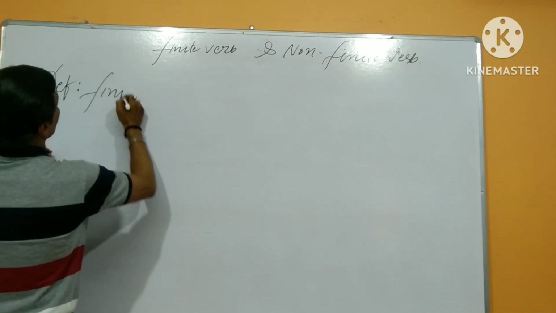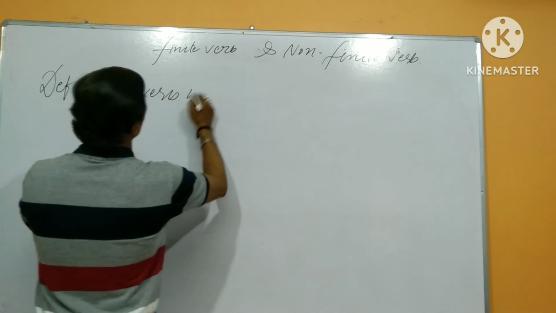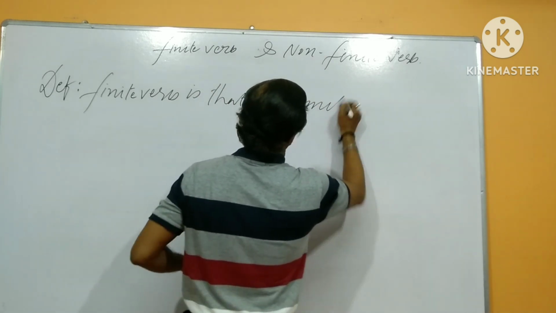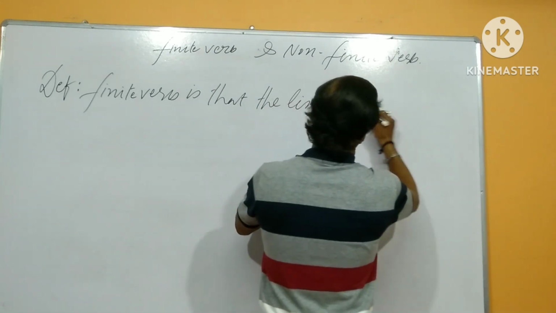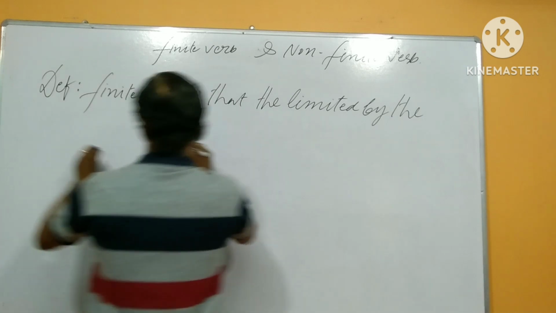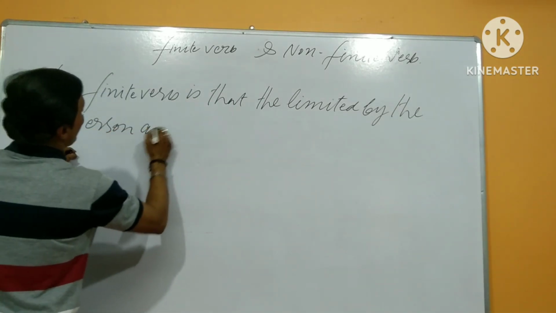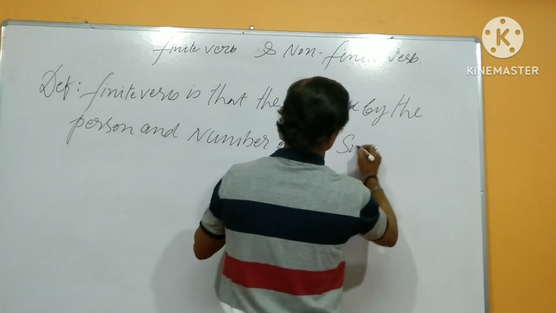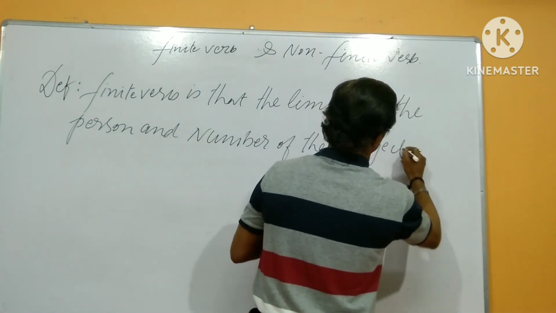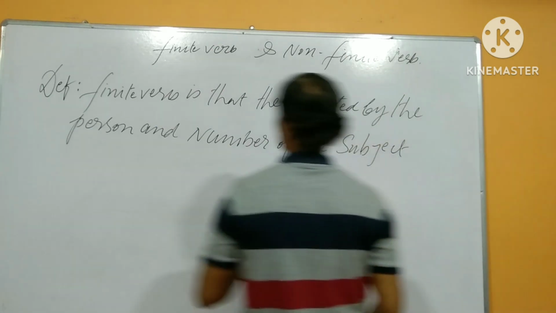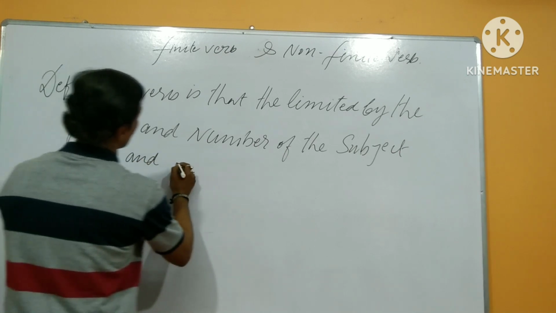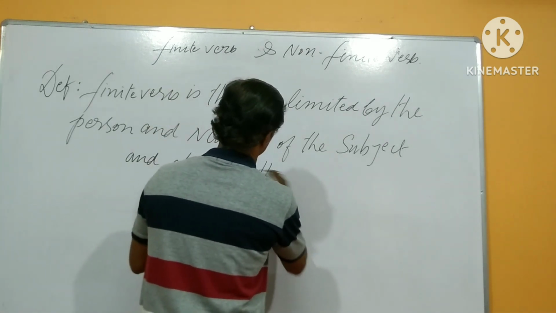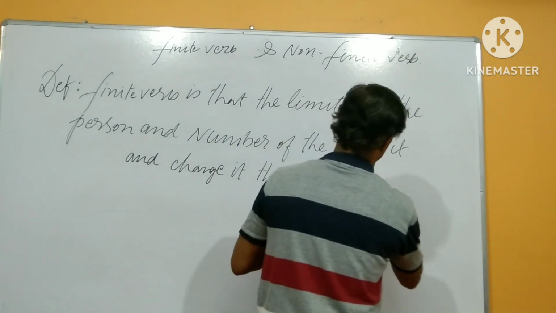A finite verb is that which is limited by the person and number of the subject, and changes its form of tense.